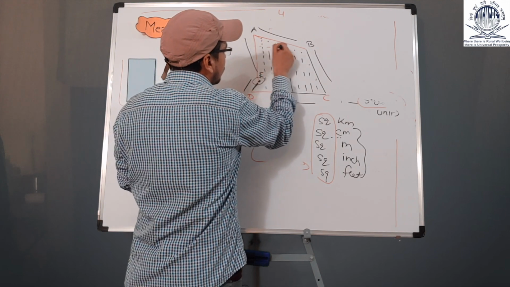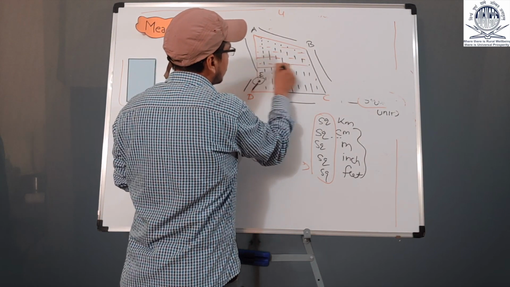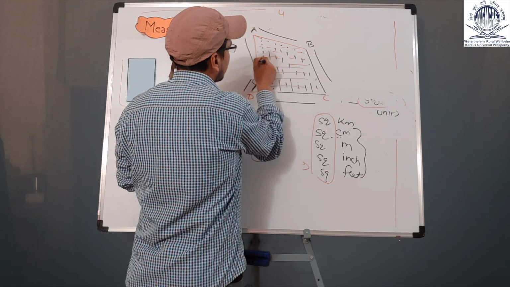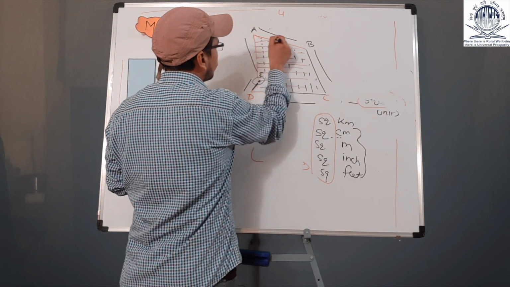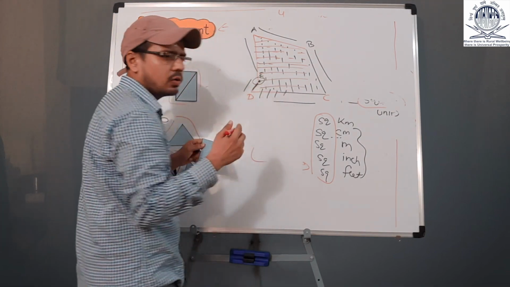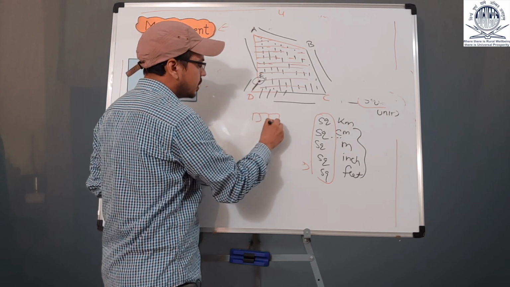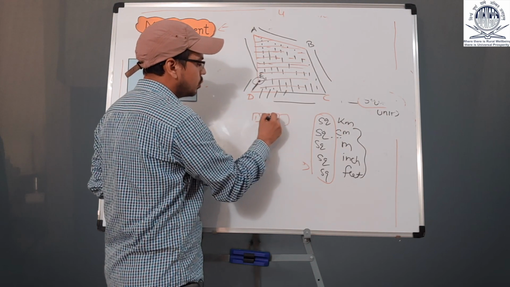Then the next few steps will be just counting the number of square units. I know it will take a lot of time to count the square units, but let's say I got the whole squares, so I will count them as 1, 2, 3, 4.